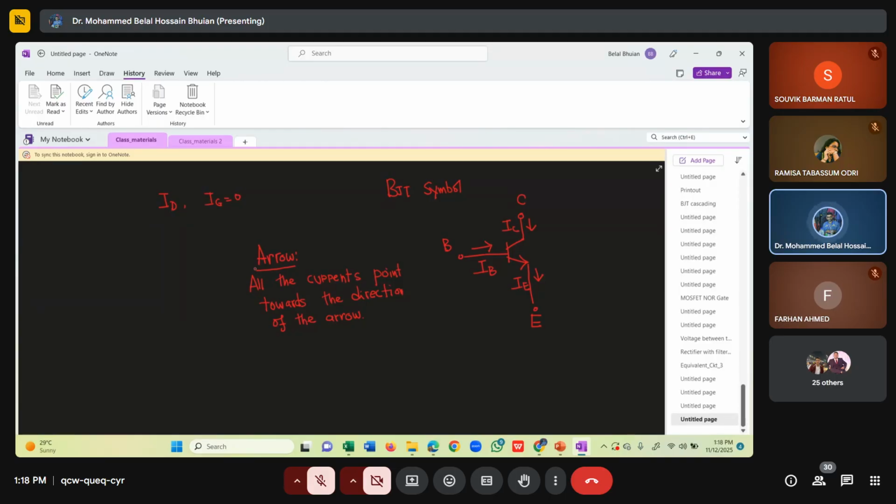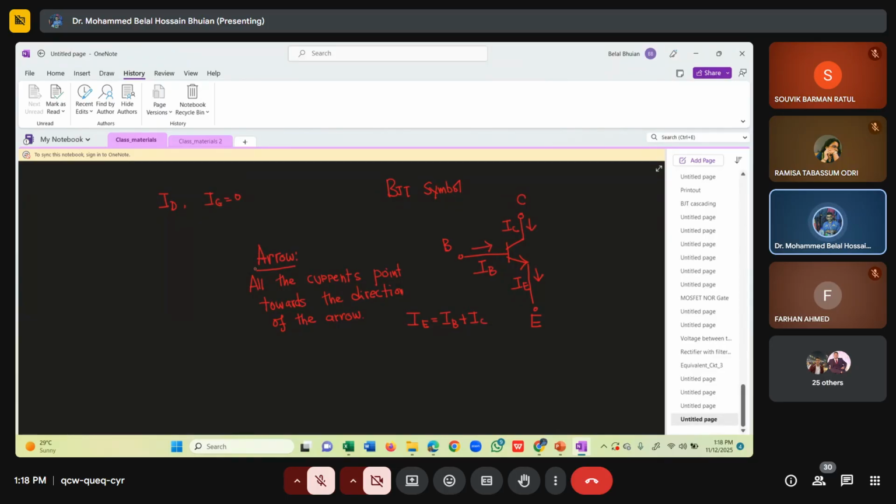So in that case, we can see the base current is entering the device, collector current is also entering the device, but the emitter current is leaving the device. So if we apply KCL, we can clearly find that IE equals IB plus IC.